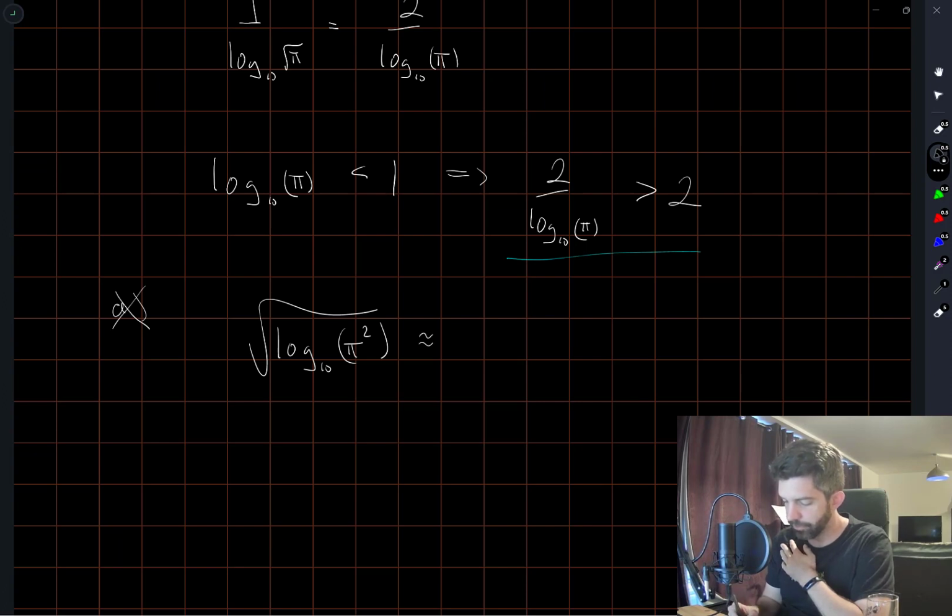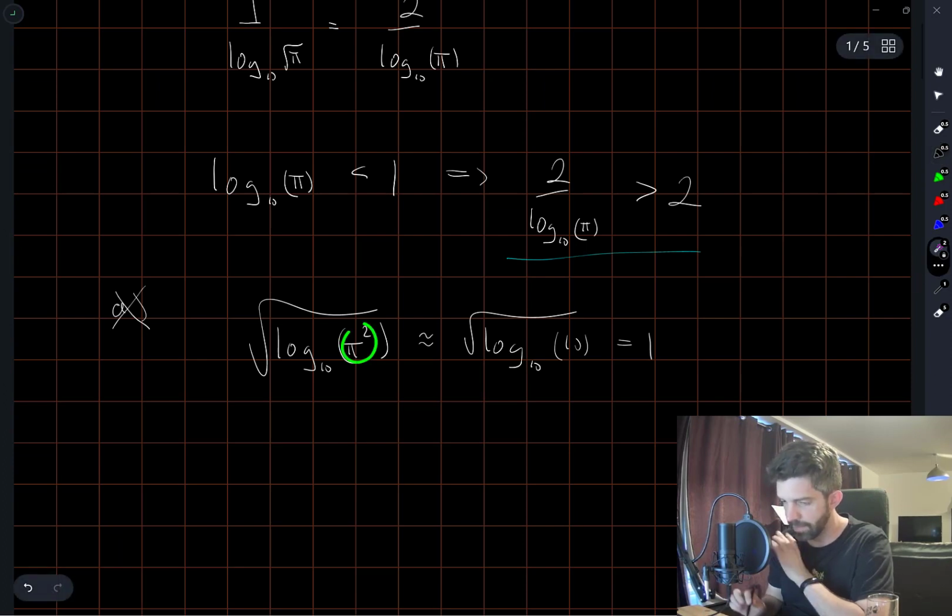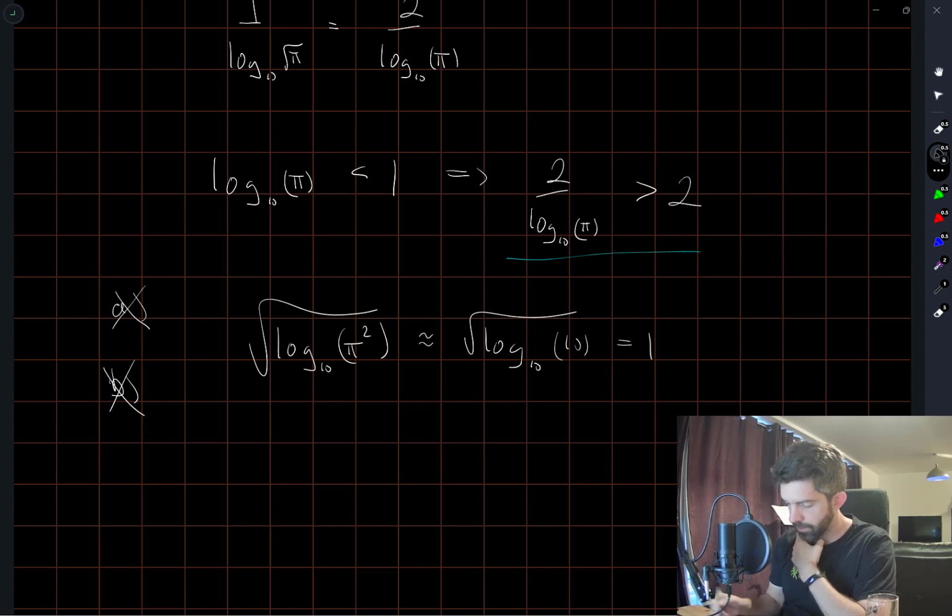But anyway, this is approximately equal to the base 10 log of the square root of 10, which is equal to 1. And I think pi squared is less than 10, it's 9 point something. So option B we can also rule out because we've already shown that option D is greater than 2.